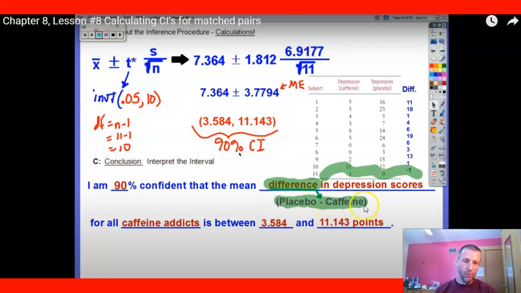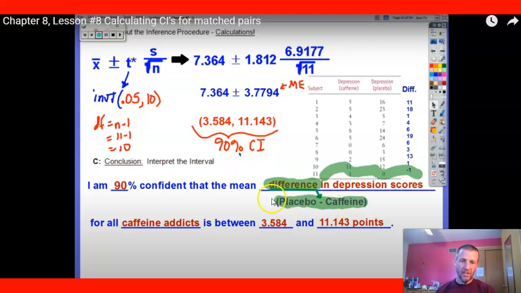Here's why this is important. If we had done 5 minus 16 and 5 minus 23 and 8 minus 14, these would have all been negative. This confidence interval would have been negative numbers between negative 3.5 and negative 11. Then I would have to tell my reader I did that difference as caffeine minus placebo. In other words, the people who had caffeine were negative, or less depressed.